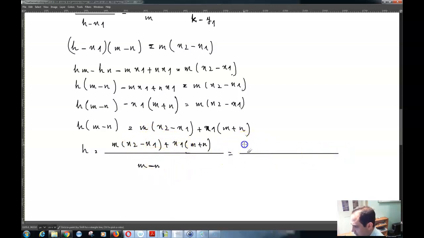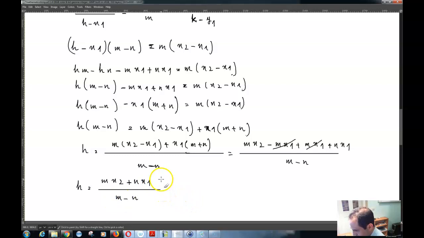You can write it as m times x2 minus m times x1 plus m times x1 plus n times x1, over m minus n, and then these two will cancel out, so your h is equal to m times x2 plus n times x1 over m minus n.